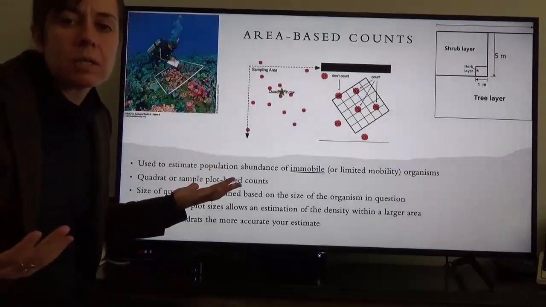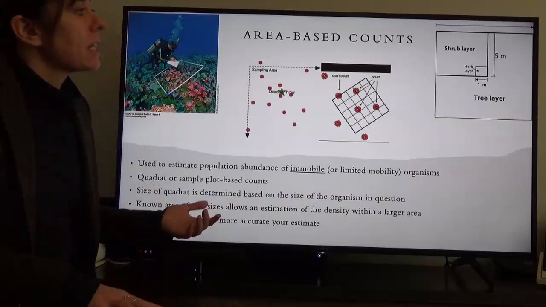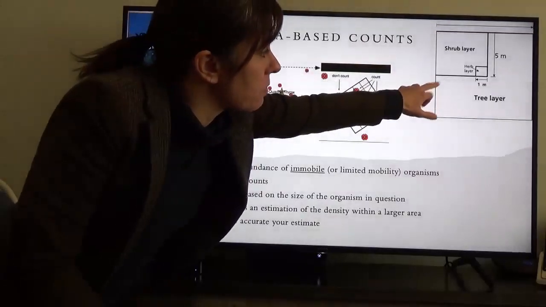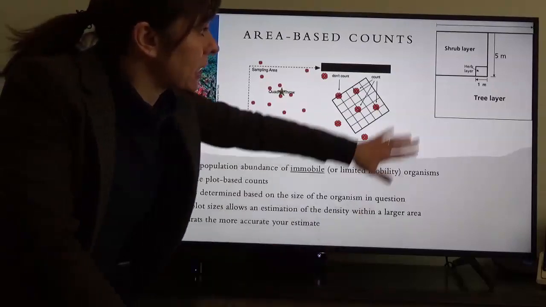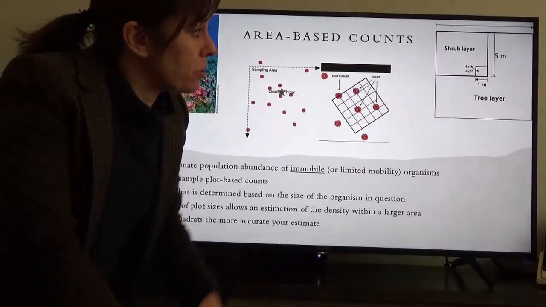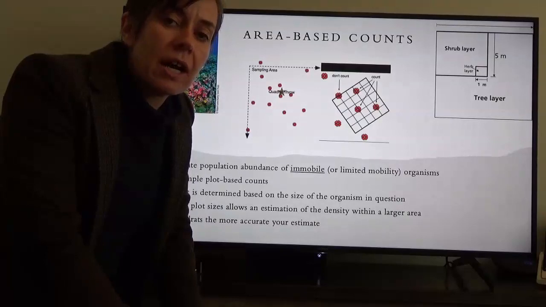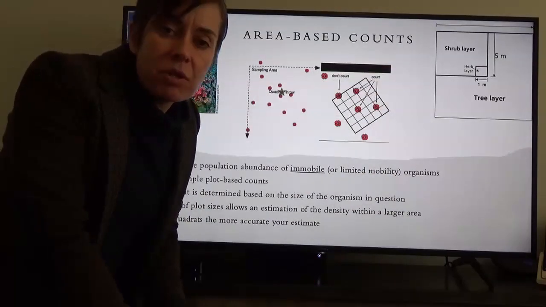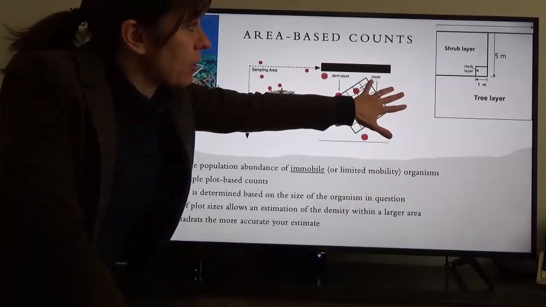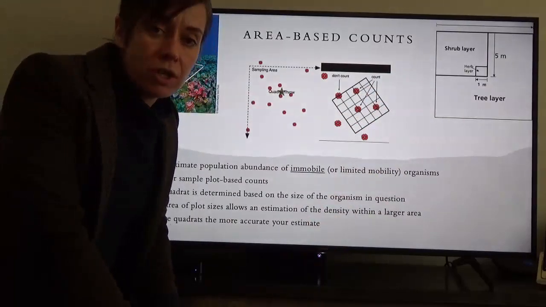Typically, a 1x1 is a very common size, but the size of your quadrat is really going to be dictated by your organism in question. And so we have a little example here where maybe you use a 1 meter square quadrat for the herb layer, but for the shrub layer you use a 5 meter square quadrat, and for the tree layer you use a 10 meter square quadrat.